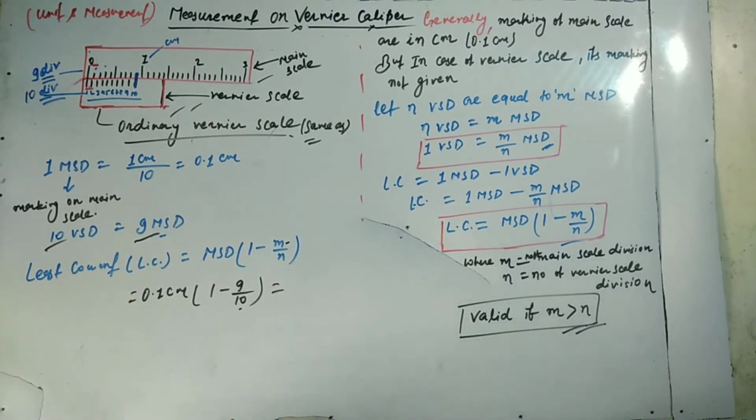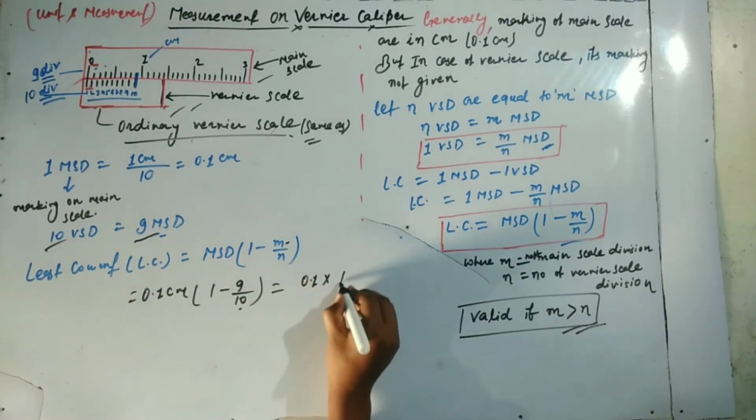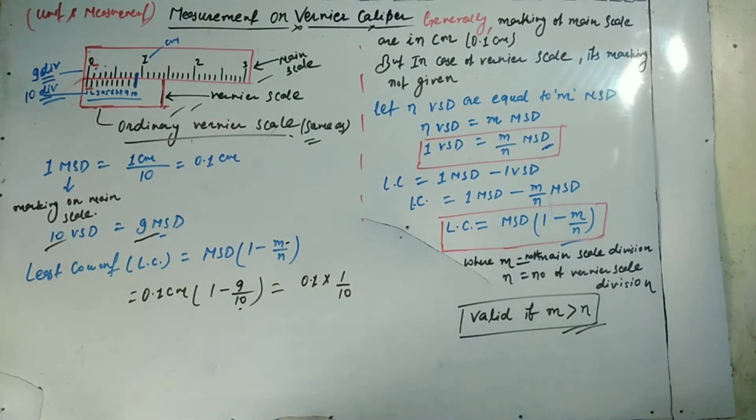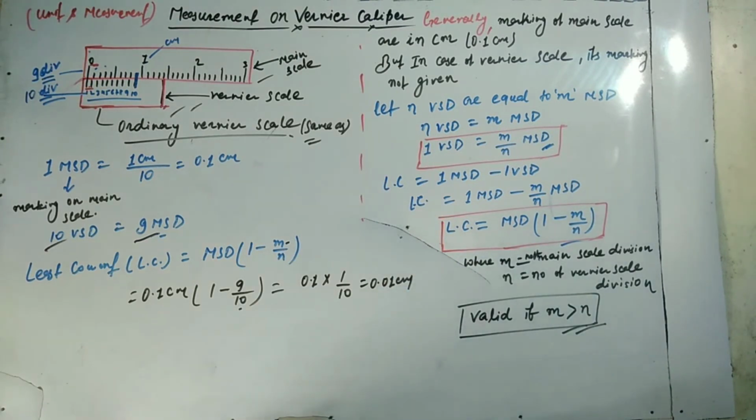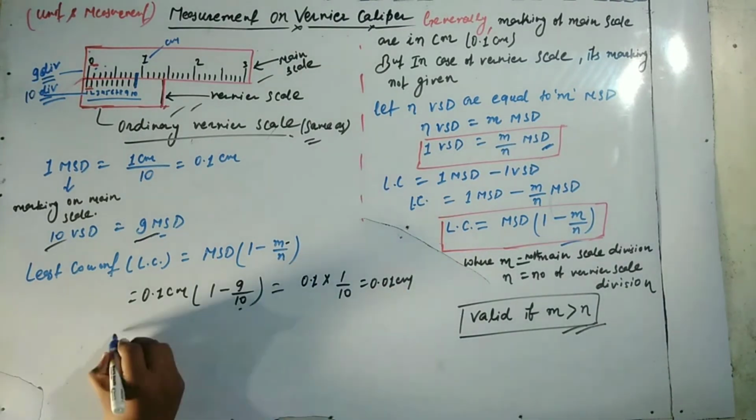When we calculate this, it will be 0.1 into 1 by 10, which is equal to 0.01 cm. It is the least count for vernier caliper.